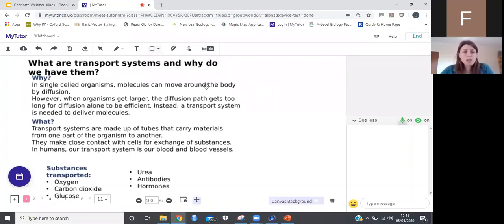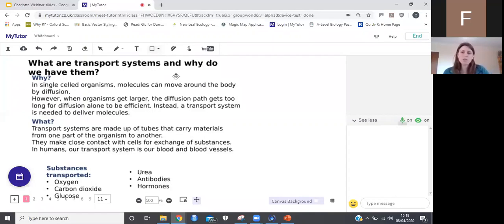Okay, so what are transport systems and why do we have them? If we were single-celled organisms, like some bacteria or archaea, then diffusion would be enough for us to move the things that we need around our body, because it would be a very short diffusion pathway.